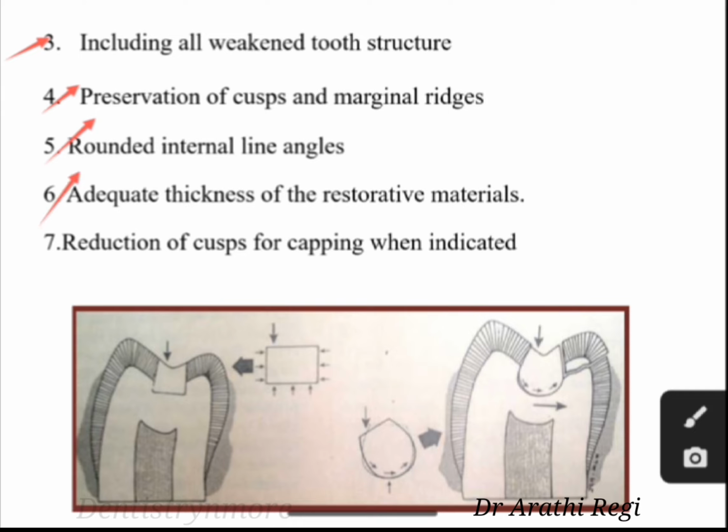Next is adequate thickness of the restorative material, and the last one is reduction of the cusp for capping when indicated. So in the picture you can see all the features of resistance, that is, there is a box shape with a flat floor, and after that rounded internal line angles. All the features you can see in this figure, so you must note this figure.